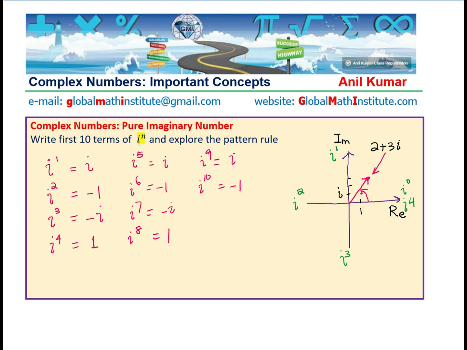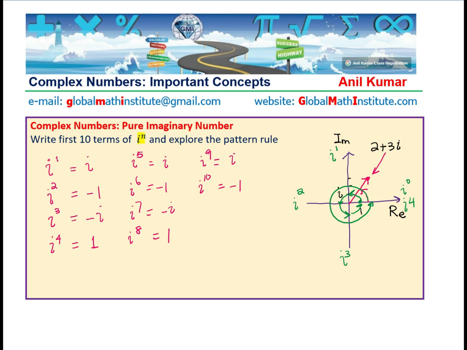As soon as you multiply by i, the point which was here moves to the imaginary axis and then rotates and comes down to negative 1 and then again goes to minus i, and this rotation. As you can see from here, a pattern can be seen where the four values repeat. Perfect. So that's a visual look at what we are looking into.